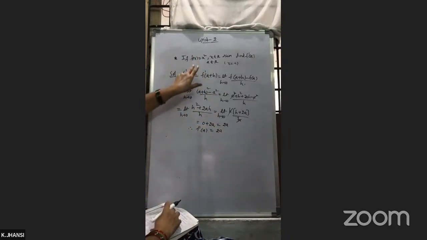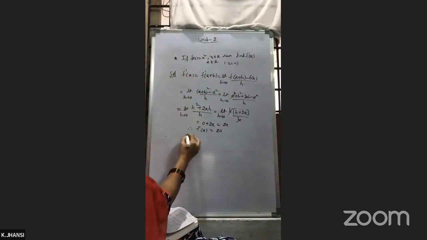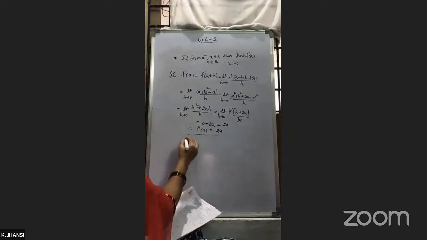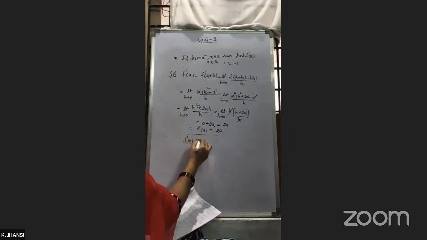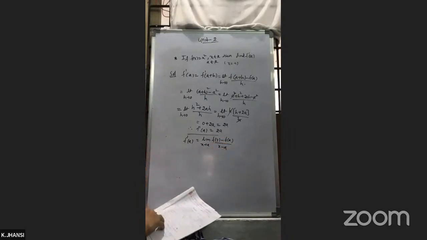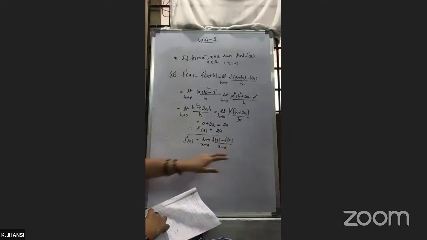And one more thing is there. You have converted this into h form now, or we can write like this also. That is f dash of a equals limit x tends to a, f of x minus f of a by x minus a, direct from the formula. It is a direct formula without using the h. Limit x tends to c, in place of c we are writing a, f of x minus f of a by x minus a.